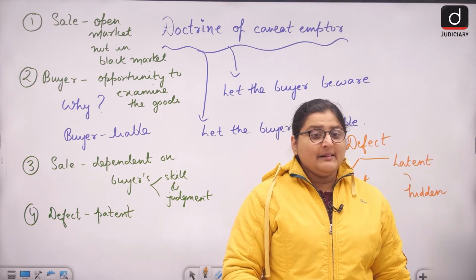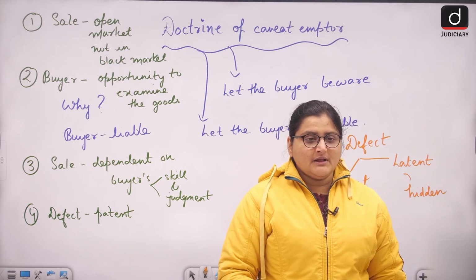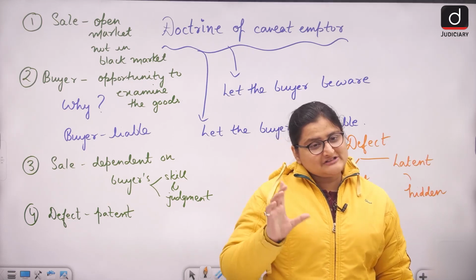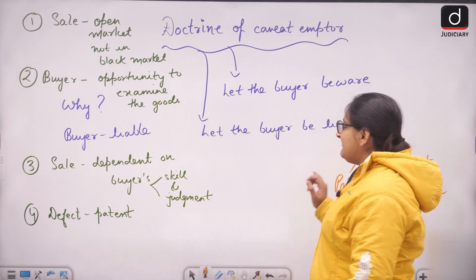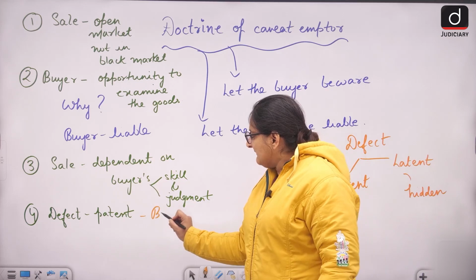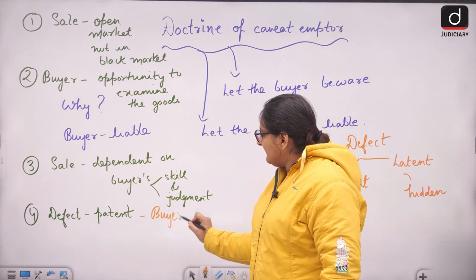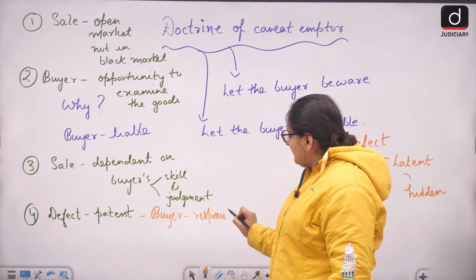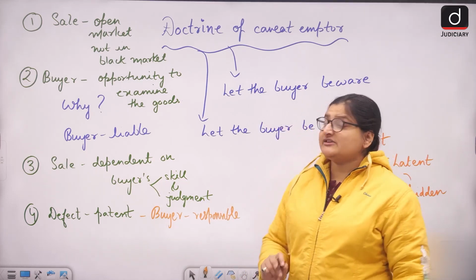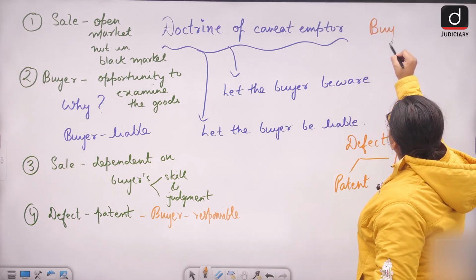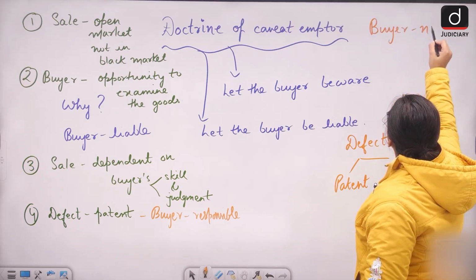Patent defect. So it is our negligence. We will be responsible for that because the defect is patent. Whenever the defect is patent, it is the buyer who has to be responsible. This shows our negligence, because the rule is the buyer is not to take chance.